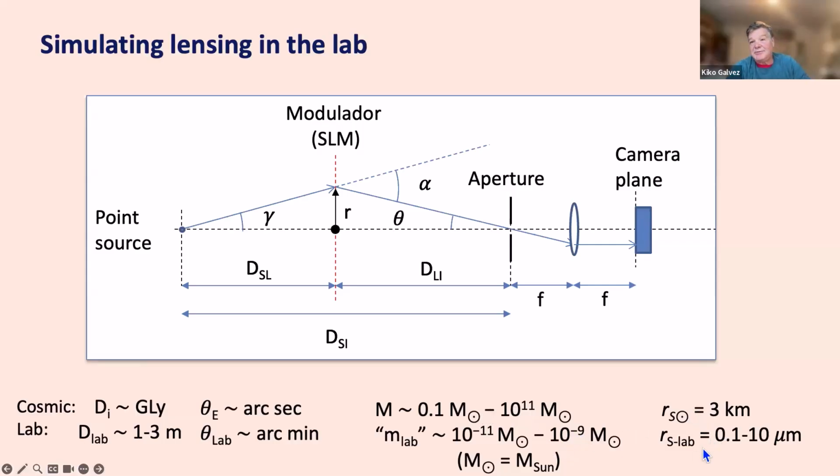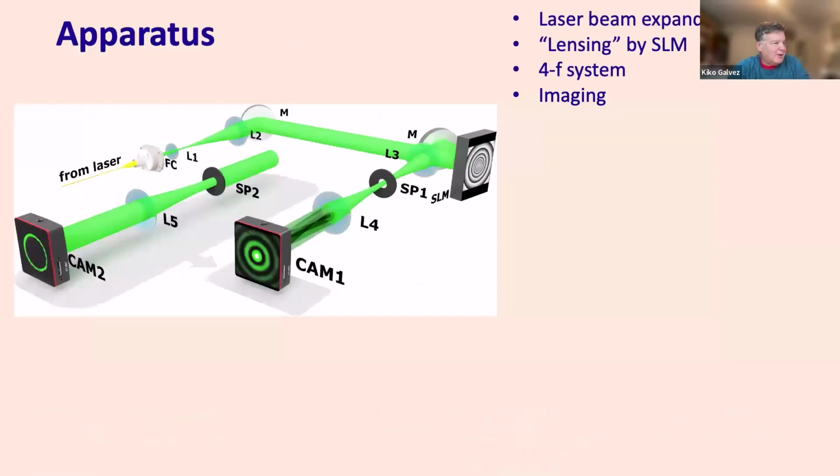The Schwarzschild radius, if what we observe was created by a real gravitational lens, would be of the order of a few microns, a micro black hole, for example.